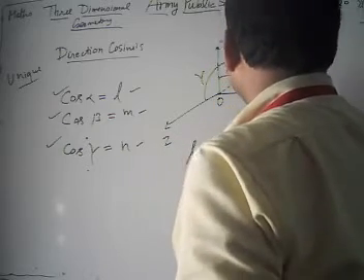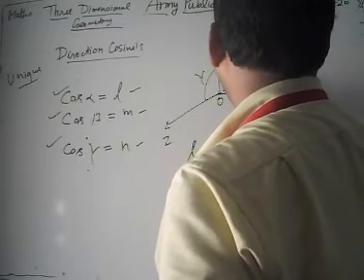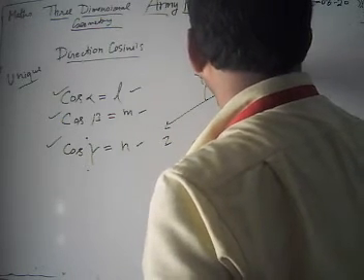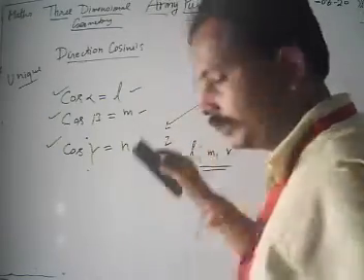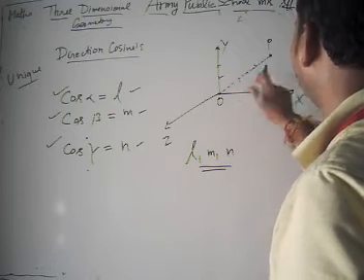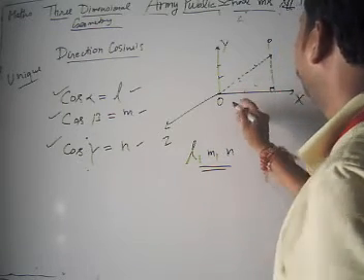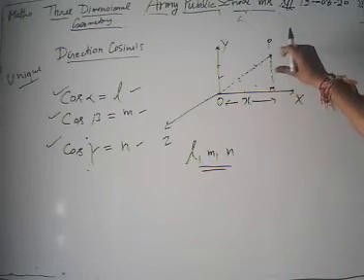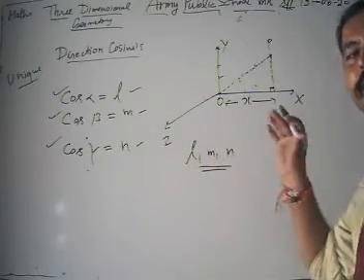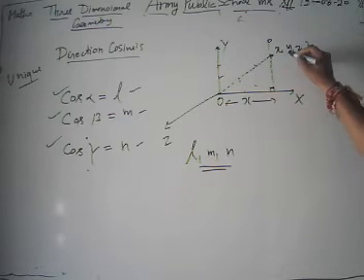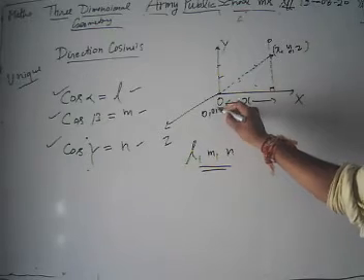Draw a perpendicular on the OX axis, and it lands here. We denote the coordinates of P in terms of direction cosines. Suppose the coordinates of P are x, y, z, and the origin is given by 0, 0, 0.